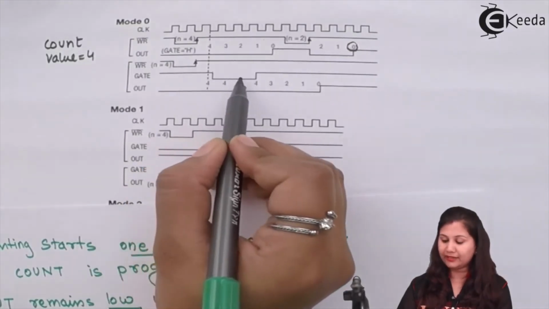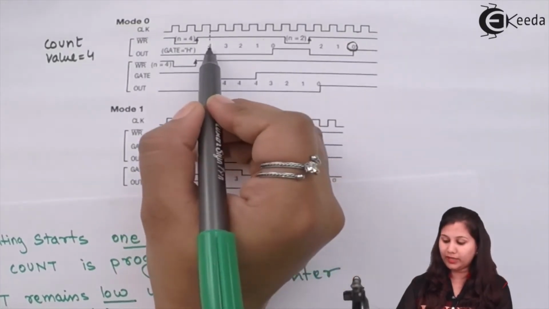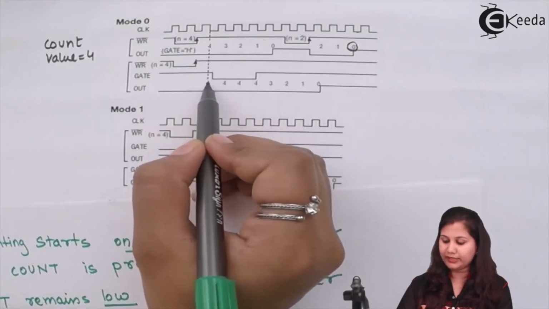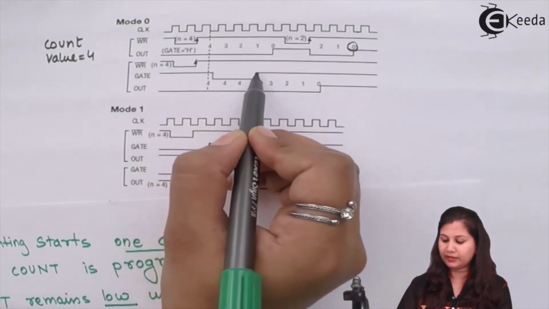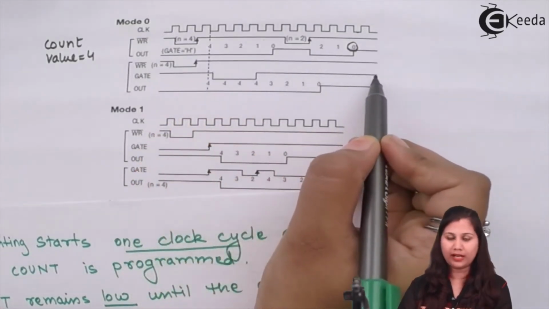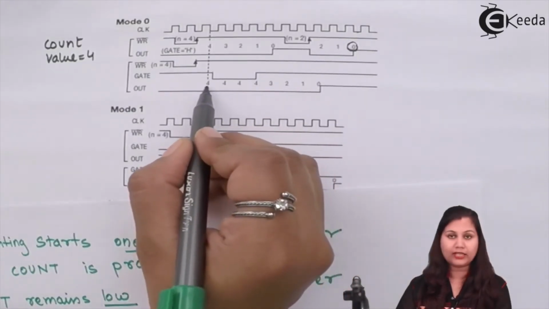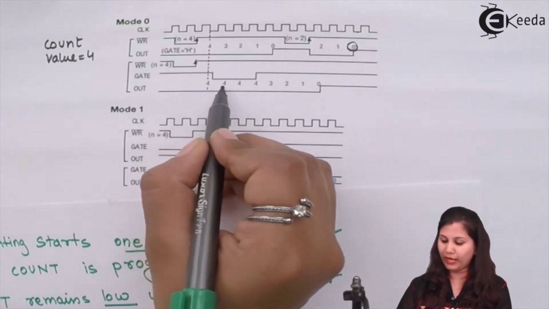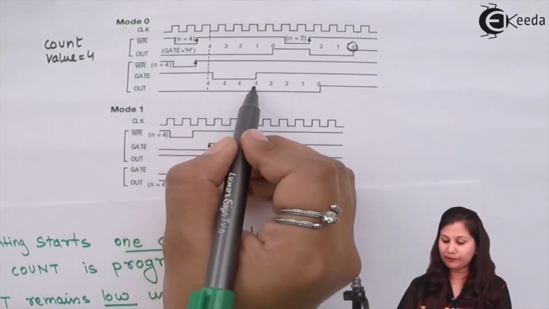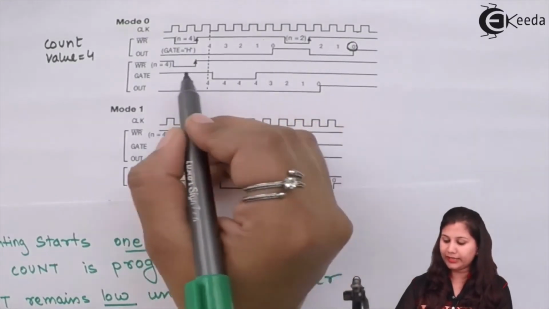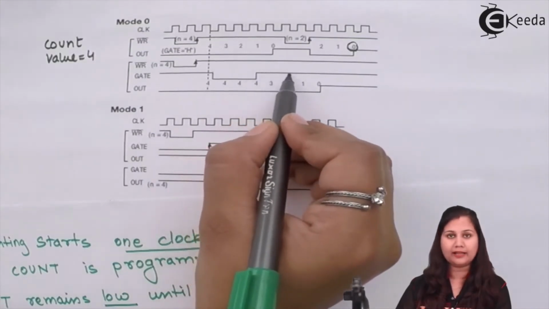So when the gate signal goes low, the current count value, which is 4, is latched until the gate signal again goes high. You can see that the current count value was 4, so 4 has been latched by the counter until the gate signal has become high again.